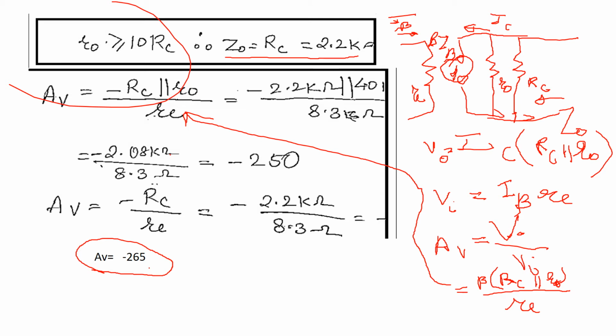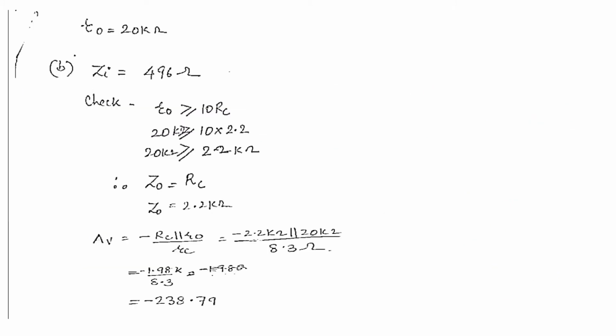So you can see we have found this by considering two particular relations: in one relation R0 is considered, and in the other R0 is not considered. The gain will increase when we are not considering R0, but when we are considering R0, the gain will reduce. Now in a similar way, when R0 is brought down from 40k to 20k, try to find the values.